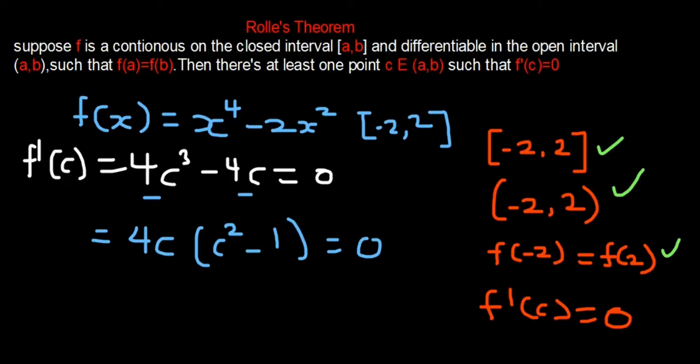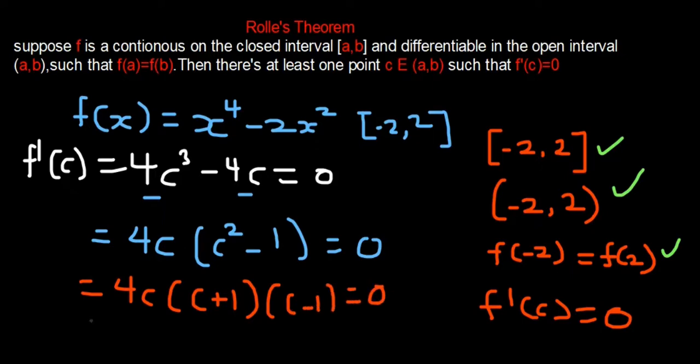Now looking at what you have in the bracket here, you see that you have a difference of two squares. So I have this equal to 4c into brackets c plus 1, and then c minus 1, which is equal to 0. After doing this, I'm going to equate all the factors to 0 so that I find the values for c.